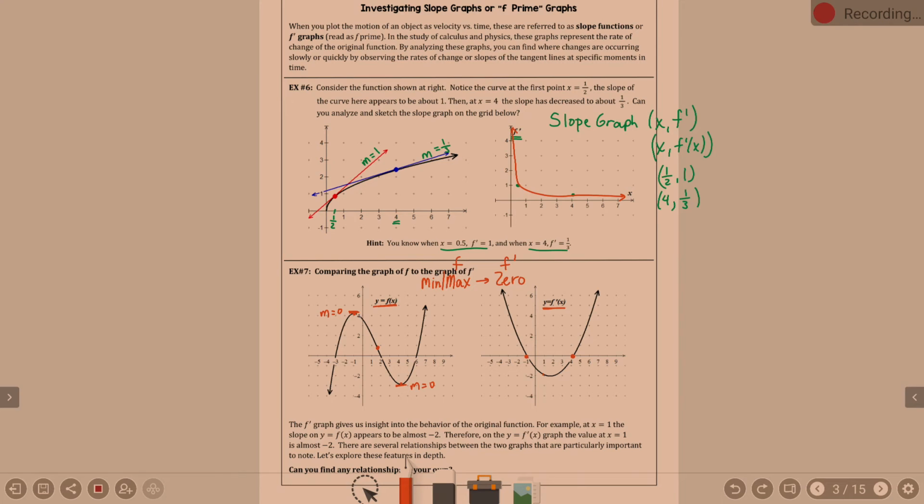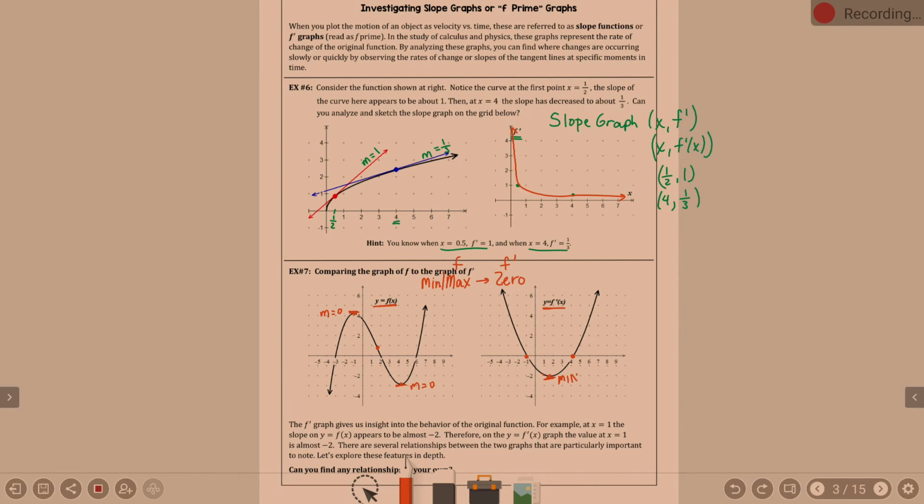My graph is changing from concave up to concave down. Technically concave down to concave up, if I'm going left to right. But it's changing concavity is the point. Yeah. But it's concave down right here, concave up right there. That's a point right before 2. Okay, so it's an inflection point. What do you notice over here at that point? Oh, that's the min. It's the min over here.